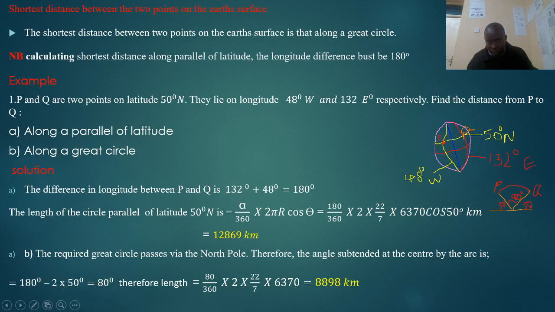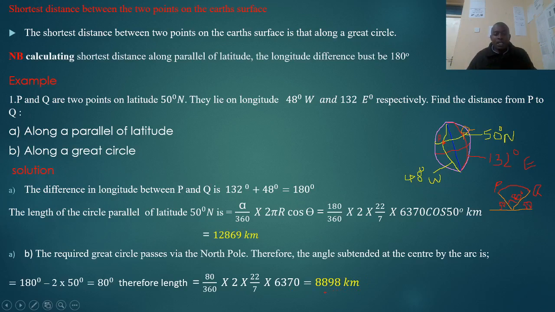And therefore the length becomes 80 over 360 times 2 times 22 over 7 times 6370, which is equal to 8,898 kilometers.